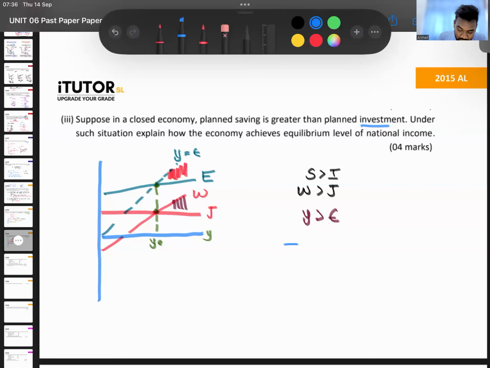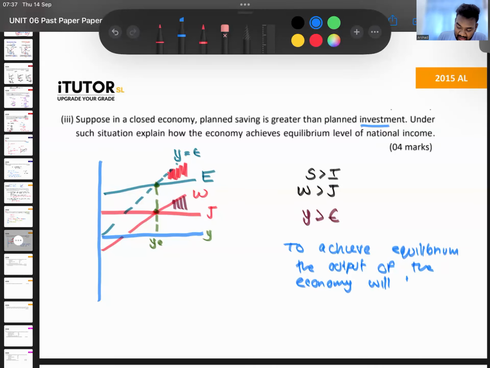To achieve equilibrium, since output is greater than expenditure, the output of the economy will have to reduce, or let's say, decrease.